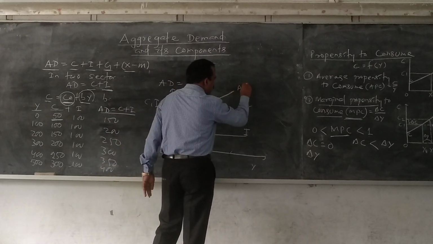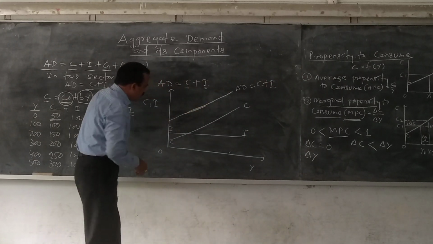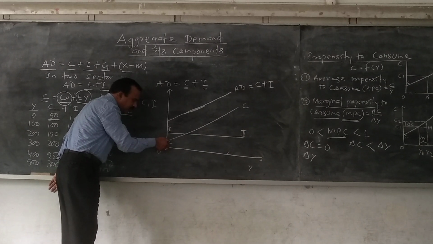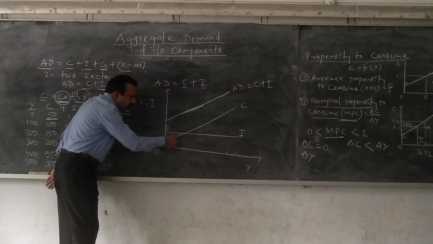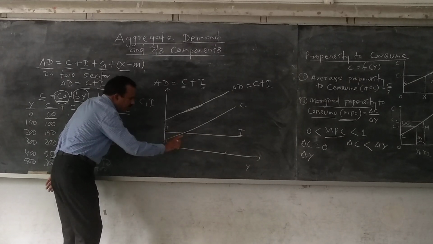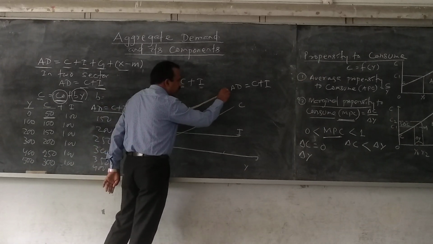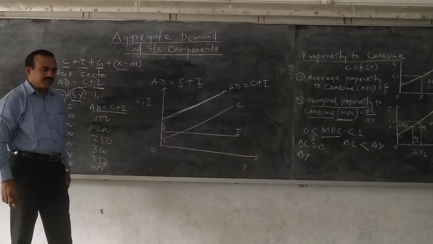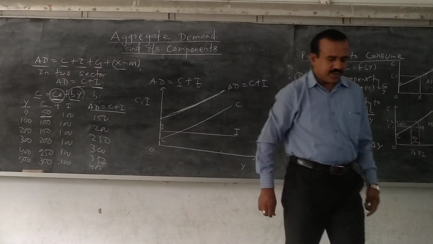AD is equal to C plus I. How can you derive AD? Consumption expenditure plus investment expenditure equals aggregate demand. Similarly, this is your consumption, this is investment, and you are getting aggregate demand. This is all about the concept of aggregate demand.